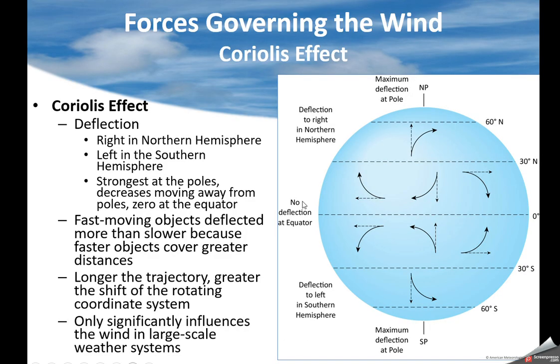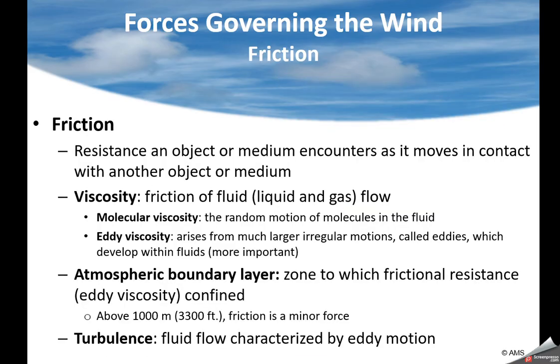And here you can see all these deflections. The strongest deflection is up closer to the North Pole. The weakest down by the equator. Matter of fact, the equator has no deflection. Southern hemisphere, they just do the opposite.